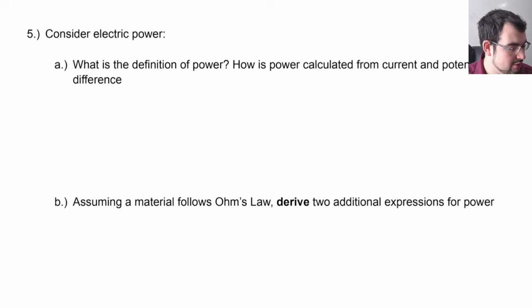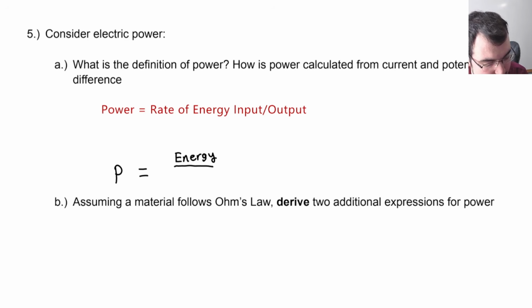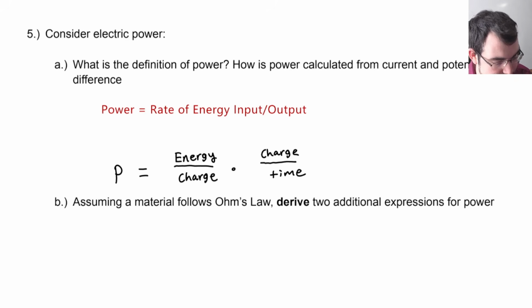All right, consider power. What is the definition of power? Well, power, going back to mechanics, is just the rate of energy input or output. So if we want to think about what that is for a circuit, we could think of power as the energy change, the energy that's given to each charge, times the amount of charge that flows through your circuit every unit of time.